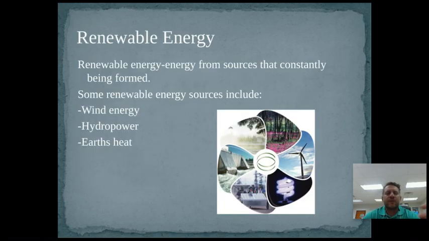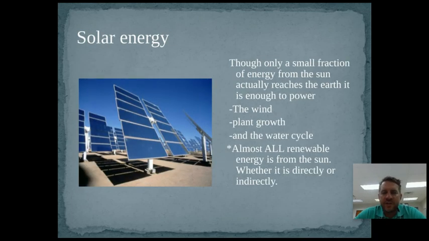So going back, renewable energy is just sources that can be constantly formed: wind, water, solar, geothermal, all great examples of things we can use that are always available to us. So we're going to jump into solar energy. Only a small fraction of the sun's energy reaches our planet, but that's plenty of energy to drive a solar energy industry.